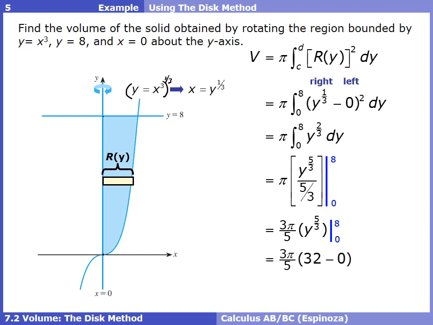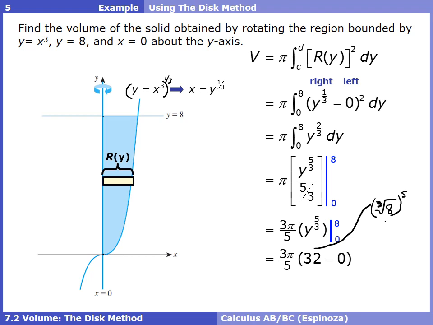After that, we can plug in the top bound of 8, and we can plug in the bottom bound of 0. Careful here, this is a non-calculator problem, so be careful when you do 8 to the 5/3. Remember, this is really the cubic root of 8 all to the 5th power.